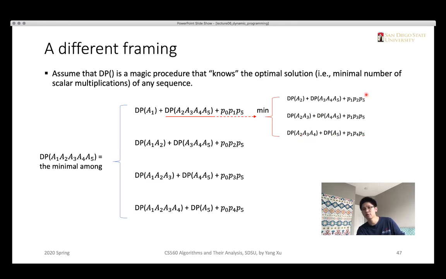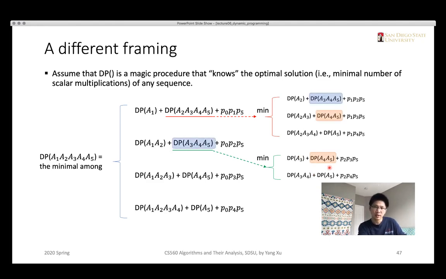All come with additional cost. So this solution must be chosen among these three possible candidates. And the same rules apply to all the instances here. So in order to solve dp on A3 to A5, we also must choose the minimum among these two cases.